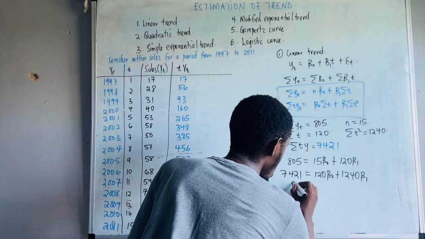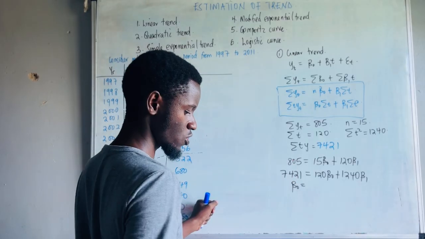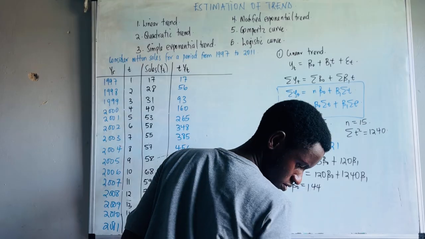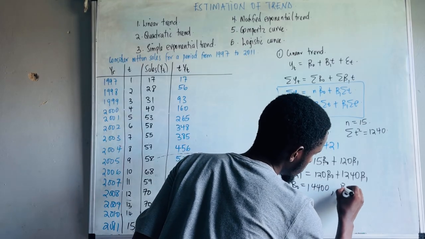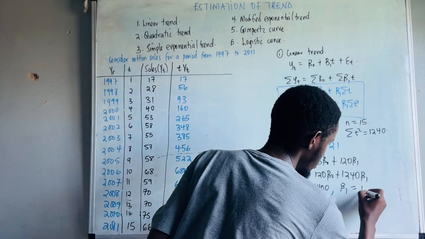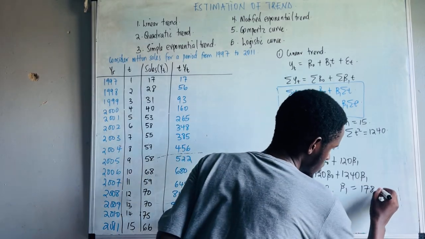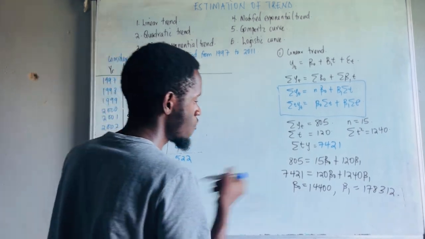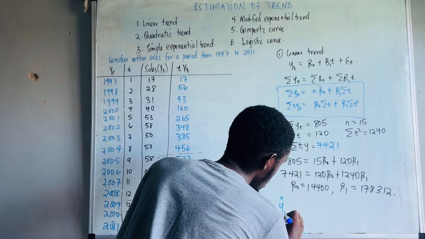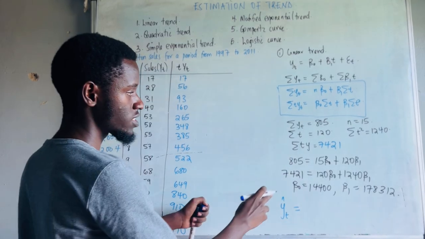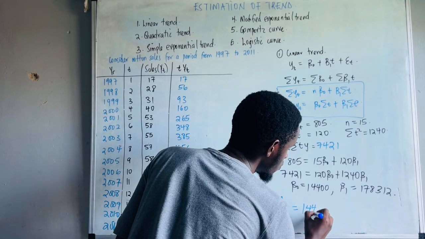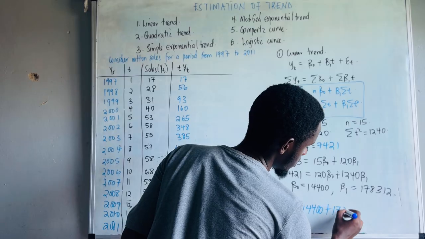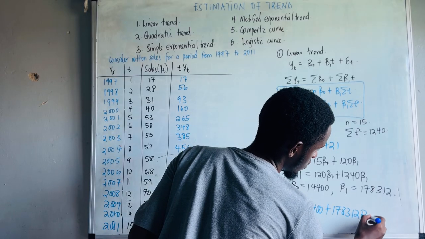I just press the calculator and you find beta naught and beta 1. By solving this with ease, we have our beta naught as 14400 and our beta 1 as 178312. Therefore, your linear trend is of the form y at t equals 14400, which is the beta naught, plus 178312 times t.